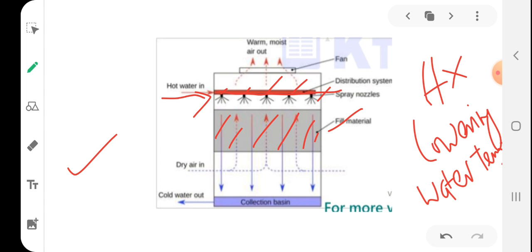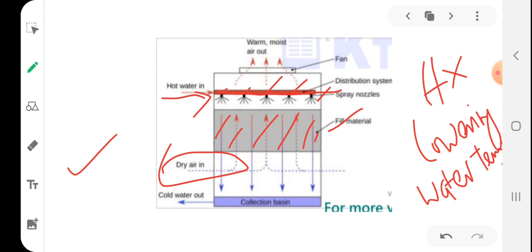So this fill media is used to slow down the water and expose the maximum amount of water surface area possible, for the best contact with the dry air. After leaving the spray nozzles, the water has very high velocity.